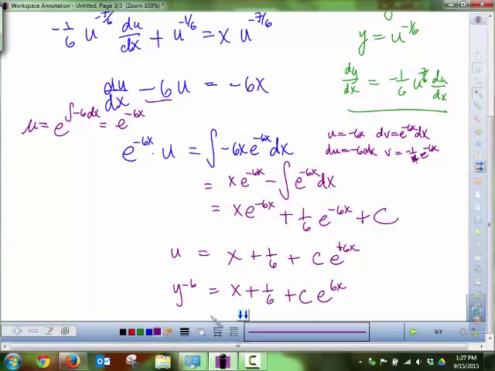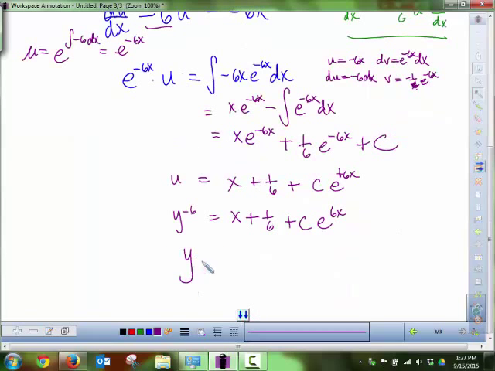So how's that go? Negative 1/6 power? Right? Is it negative 1/6? Okay.